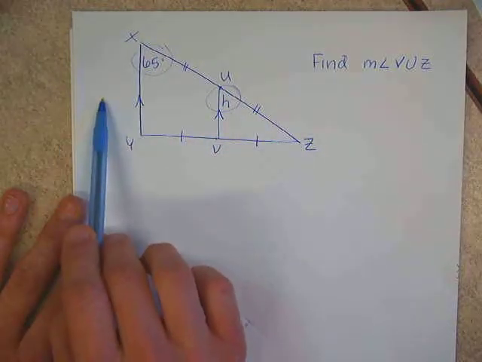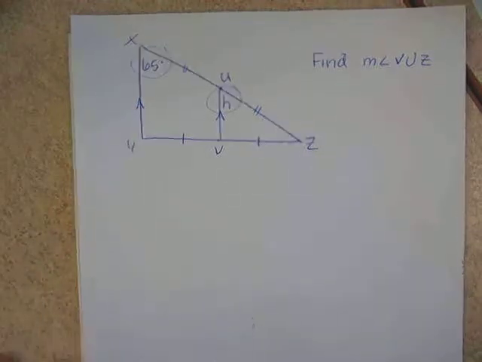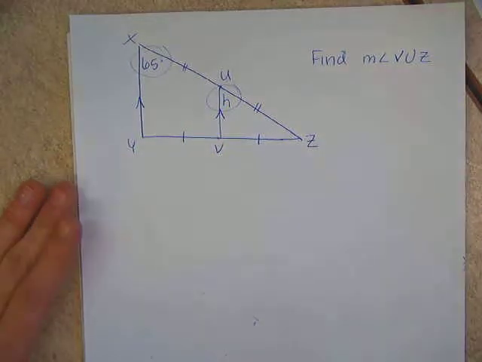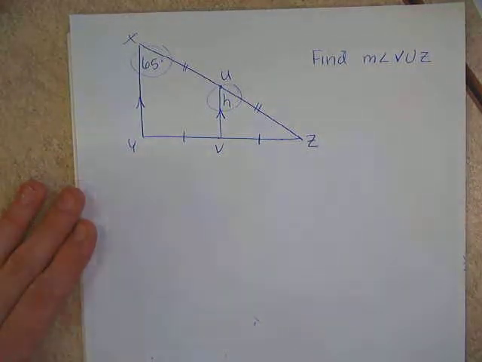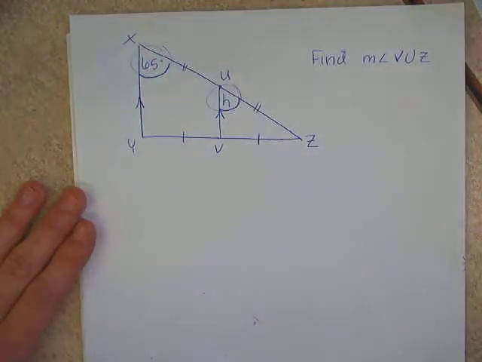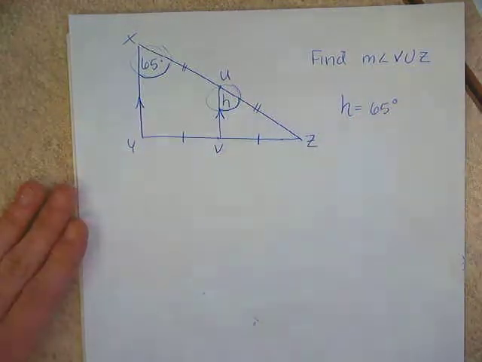They are same side, but they're not interior or exterior to the two parallel lines. They are corresponding angles, right? Same quadrant. If I were to extend these lines, see how they open up the same direction? When they're on the same side, but they're not interior or exterior, they're corresponding.